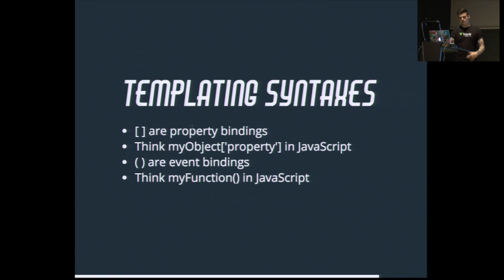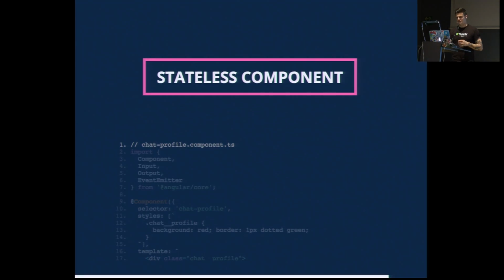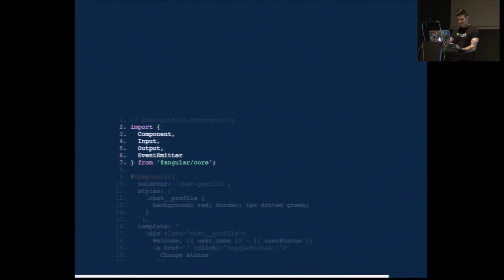So for the square brackets where we pass data in, think about an object property lookup. For things that are events, think of them as functions, like onClick. That's a function call. This is a short way to remember how to do it. I've got 1 minute. Let's go. Component 5. Oh, wow.